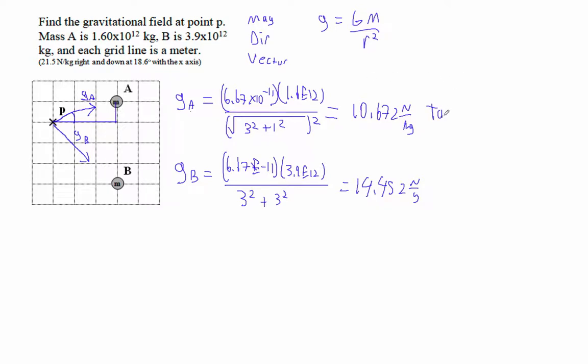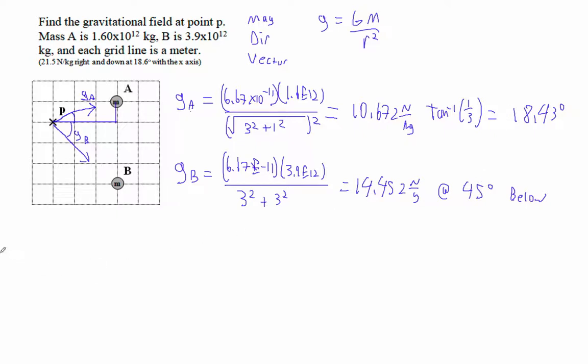So tan minus 1 of 1 divided by 3, it's going to be definitely an acute angle, right? 18.43. All right. And then this guy right here is 3 over 3 down, so this is a 45-degree angle. 45 degrees below, right? This one's above.